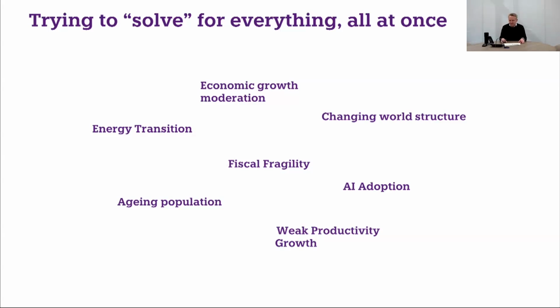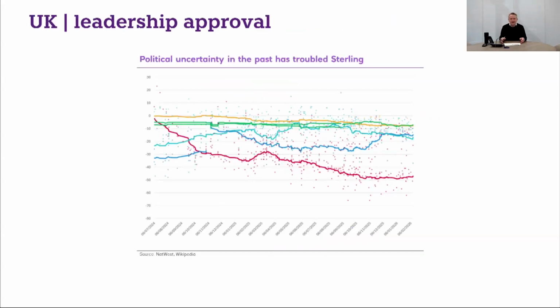And this brings me to the final chart. And this chart just shows the fractured nature of UK politics into the May elections of the major political parties. And one of the things that happens to sterling, it does tend to weaken and become more volatile when people worry about unstable politics and the impact potentially on fiscal policy.